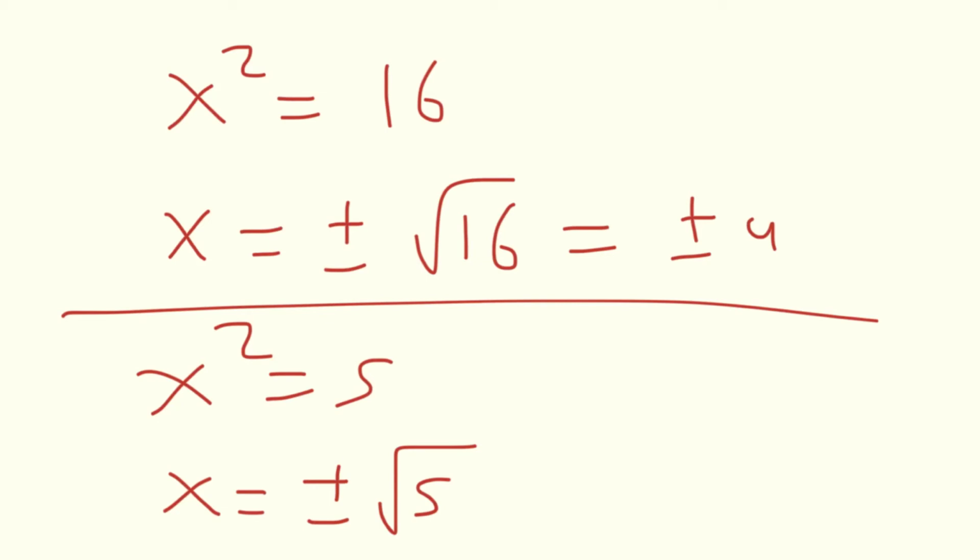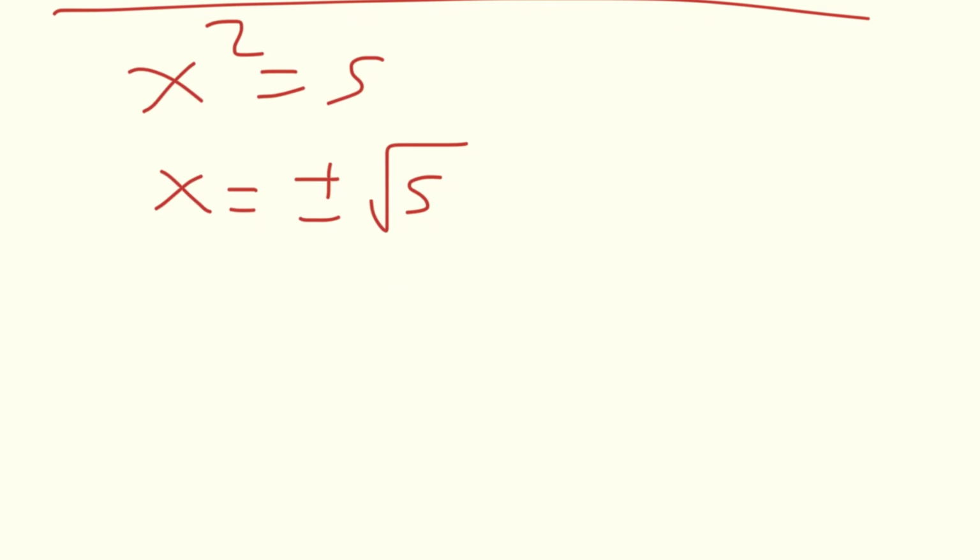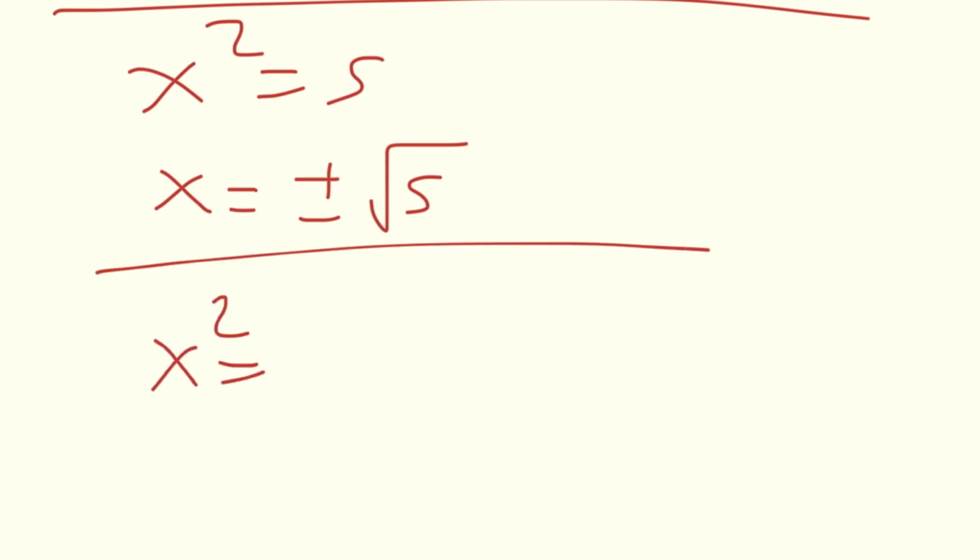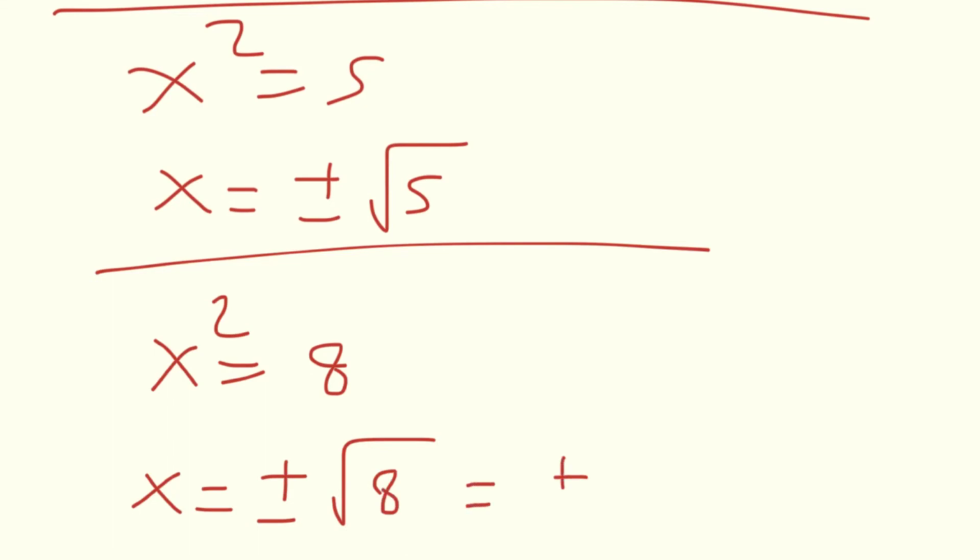What if I have x squared equal to 8? Then x equals what? The first step is to say plus and minus the square root of 8. And then you can simplify 8. What is the simplification of 8? 2 times 2 times 2.